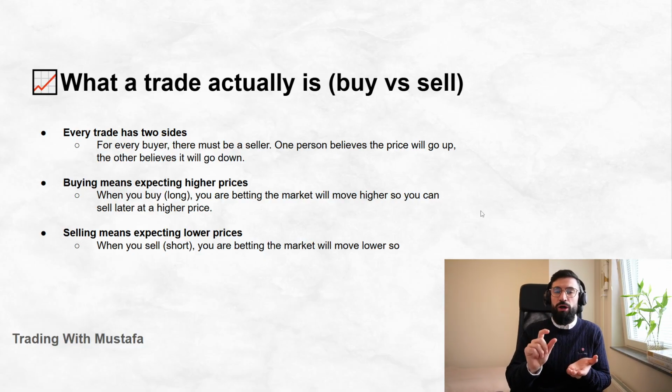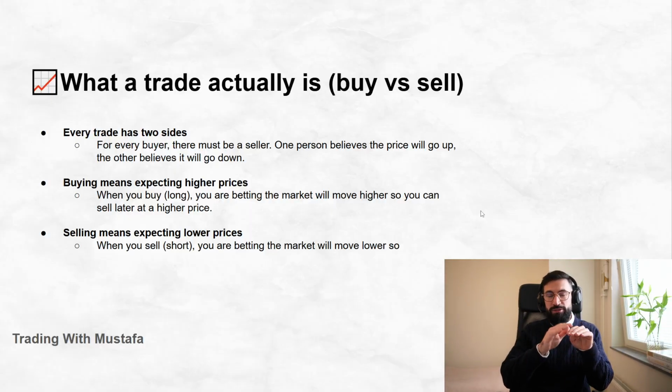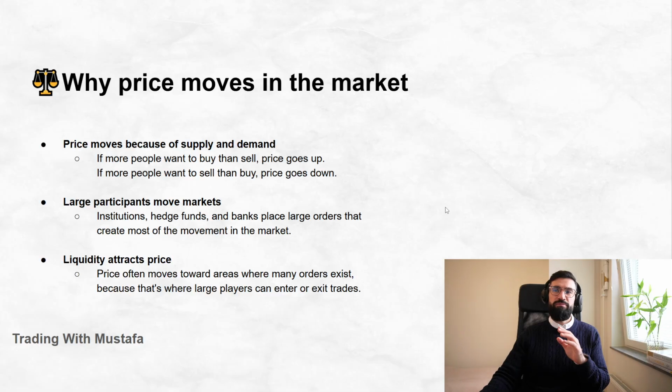The word long is associated with buying. And selling is associated with the word short. I want to go short. So buying, I'm going long. Buyers are expecting price to go higher, and sellers are expecting price to go lower. That's how it works.